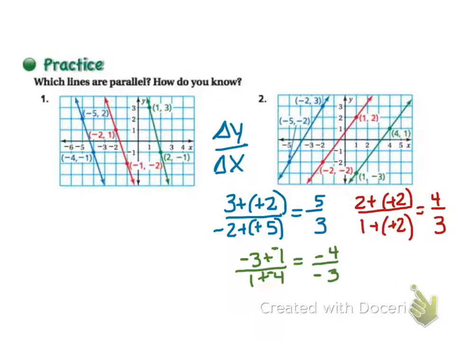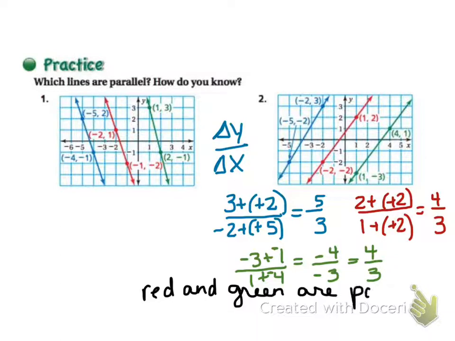So I have -3. A negative divided by a negative is always a positive, so I simply can get rid of the signs. Now I can see that 4/3, which is green, equals 4/3, which is red, and so in this case, the red and green are parallel. And the reason is because they have the same slope.